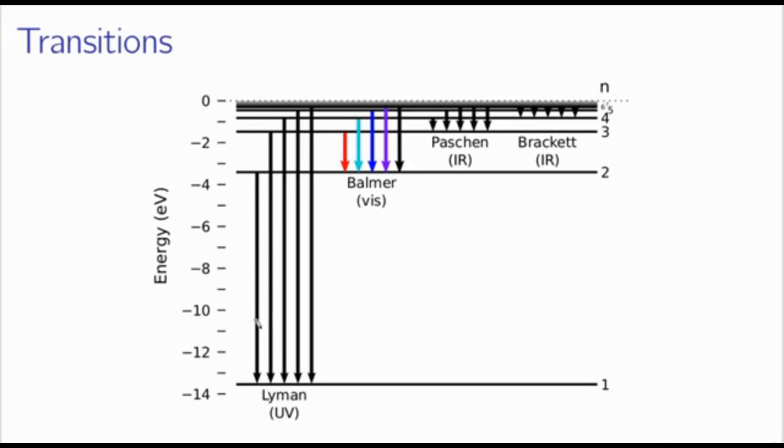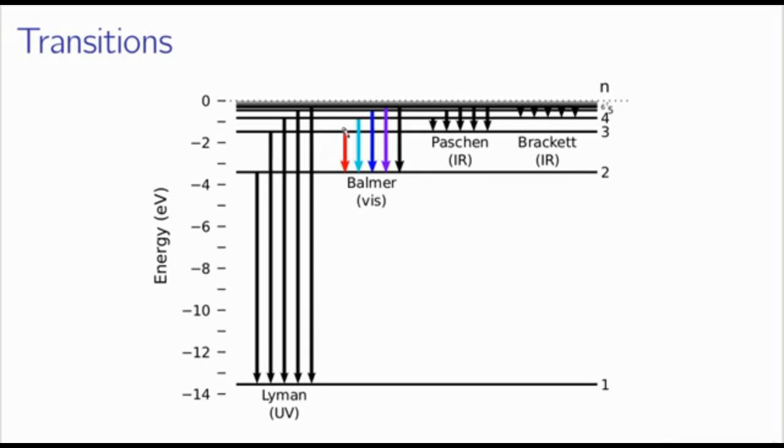When it does so from an energy level 2, 3, 4, 5, 6, etc. up to infinity, all the way down to the ground state, n equals 1, we call that a Lyman line. The emission in the spectroscopic context has a particular pattern of energies that were first examined by, well, Lyman, and the lines are named after him.